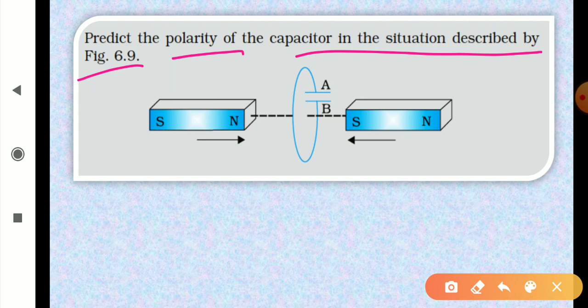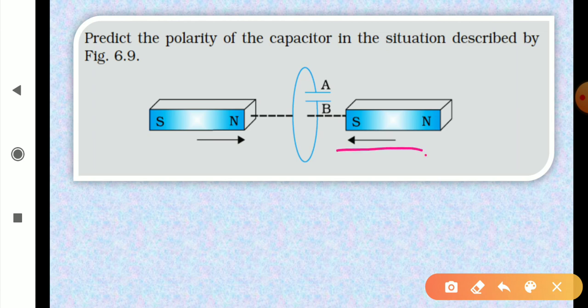So you have to tell the polarity of this capacitor shown by plates A and B. Now here you see, when this south pole is approaching this loop, then according to Lenz law, this loop must behave like a south pole for an observer at this point. So that means the loop must develop a clockwise current. So this is going to be a clockwise current, right?